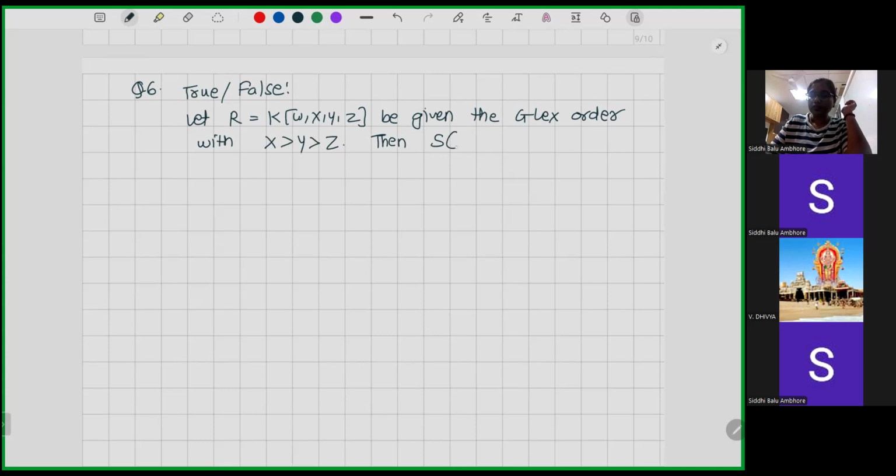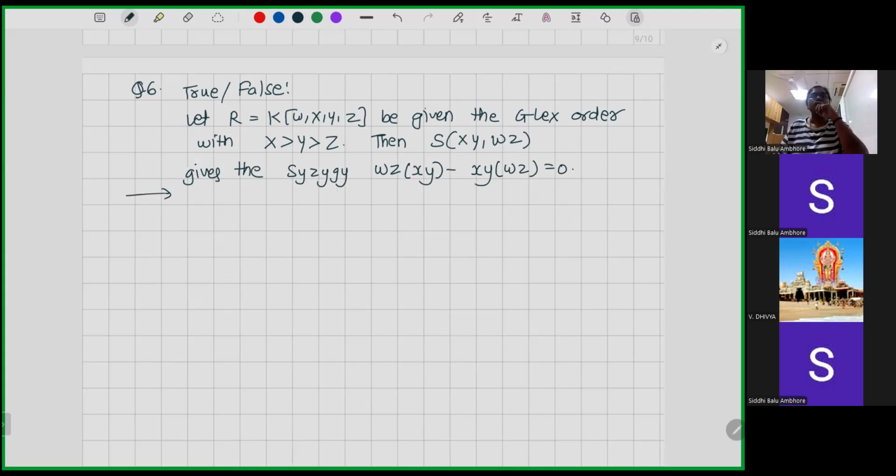Then the S-pair of XY comma WZ, I hope you remember what this S is. This is the S-pair of these two polynomials, which are just monomials, and it gives the Syzygy: WZ times XY minus XY times WZ is equal to 0. We have to check whether this is true or not.